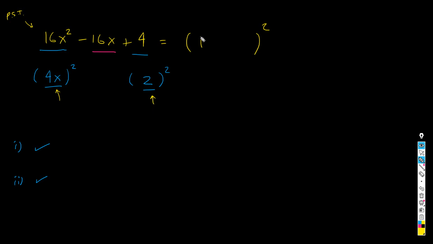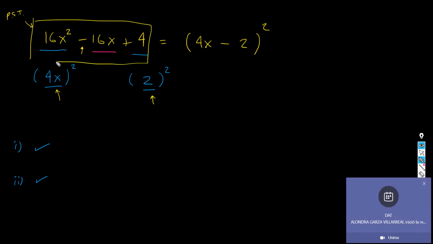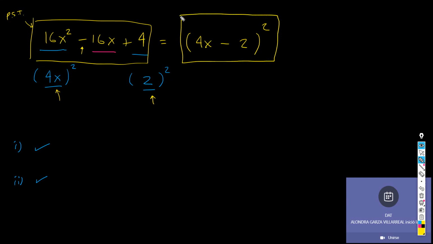So let's write them down. And what sign am I going to choose, plus or minus? Look at this sign in the trinomial, and that's going to be the sign of your binomial to the square. So this is a perfect square trinomial, and this is its factorization as a binomial to the square.